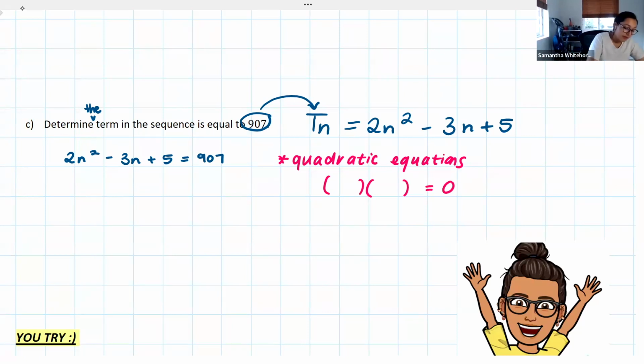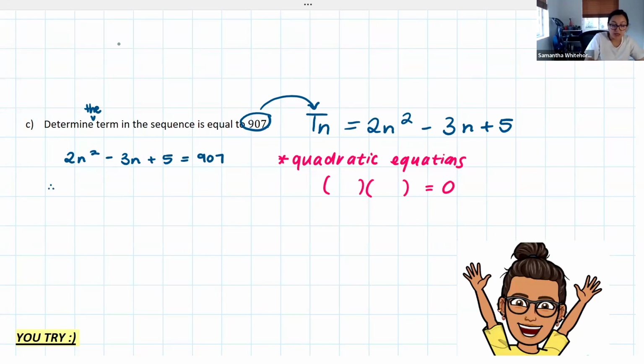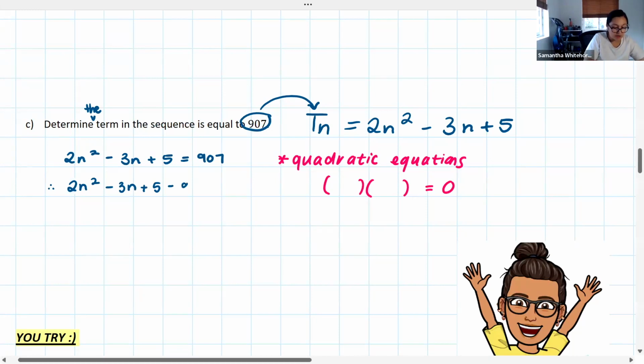Our first step, however, is to get it into standard form, which means make one side equal to 0. So we've got 2n squared minus 3n plus 5, and using our inverse operations, we bring the 907 over. Essentially you're subtracting 907 on both sides. That gives us the quadratic equation 2n squared minus 3n minus 902.